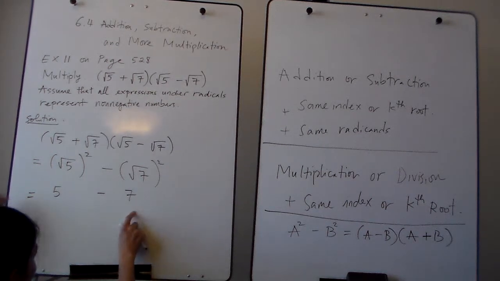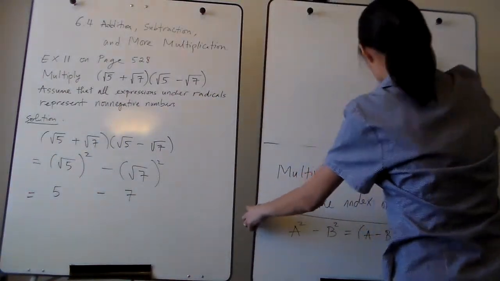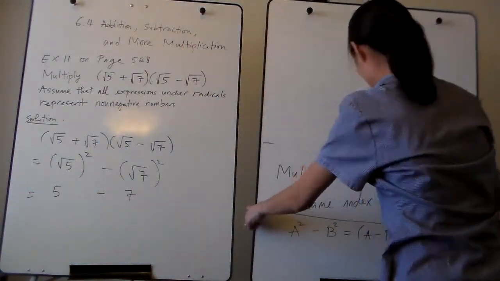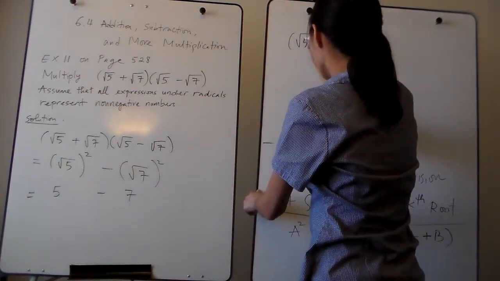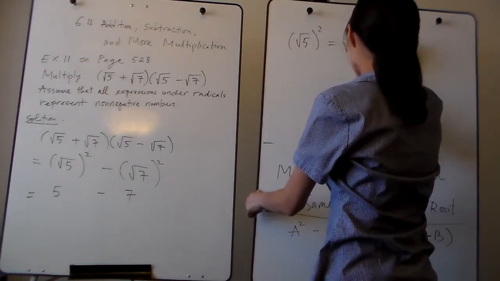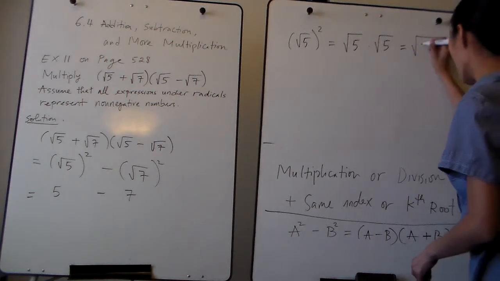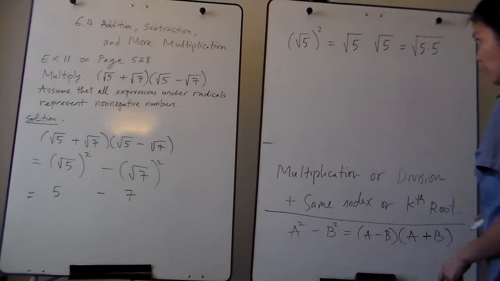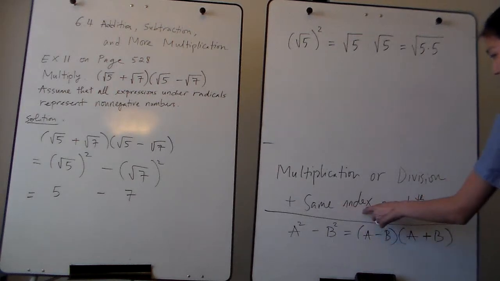If you don't see it, you can work it out on the side. Square root of 5 squared is equal to square root of 5 times square root of 5, which is equal to square root of 5 times 5. Because when multiplying two radicals, you only need to check the index.